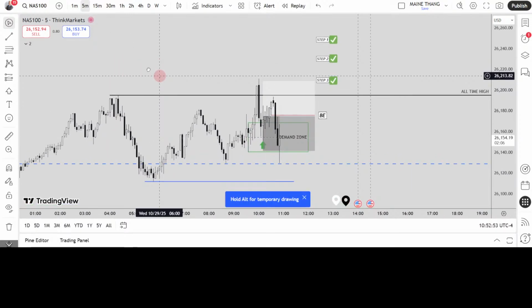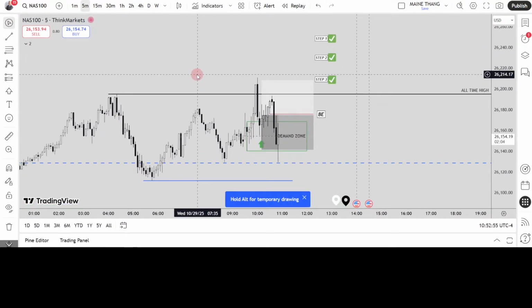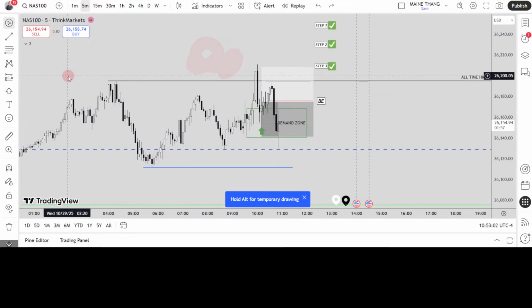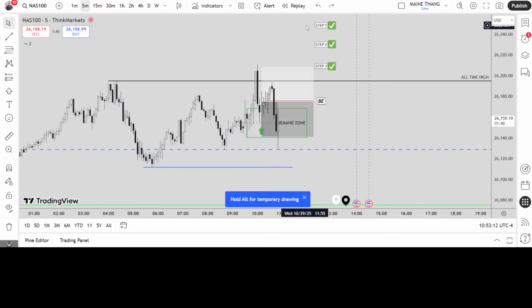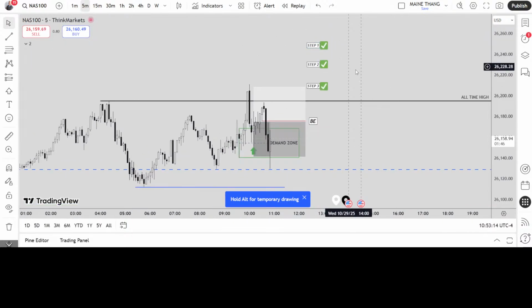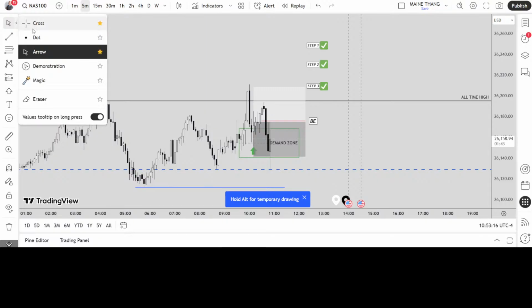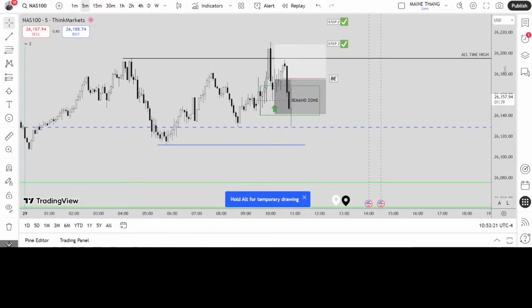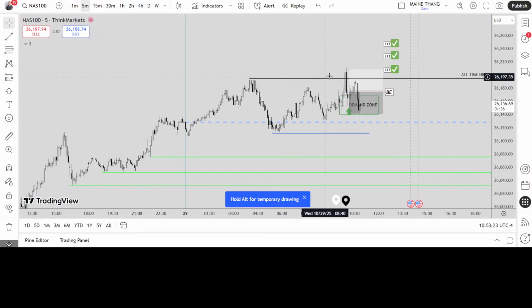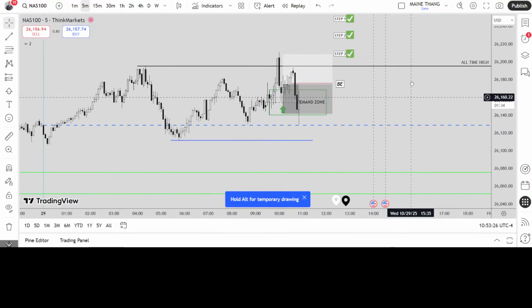What's this? Okay. Got some new tools. I didn't know about that. Yeah, price back into the middle of this area.